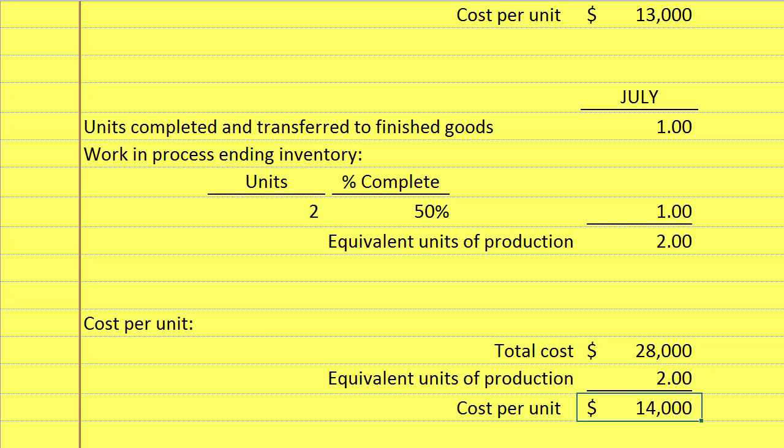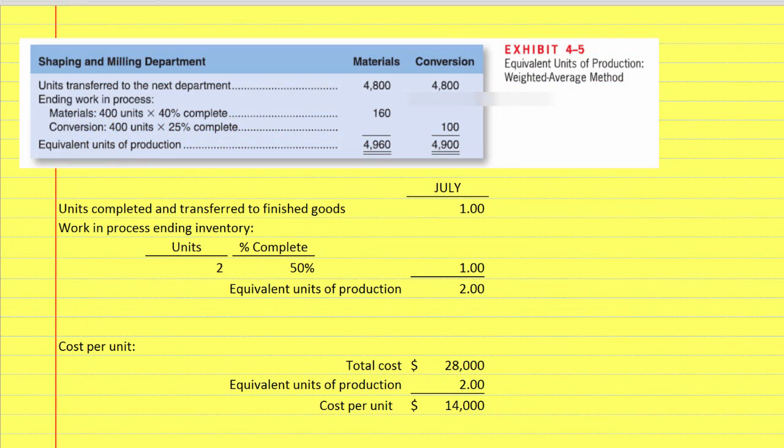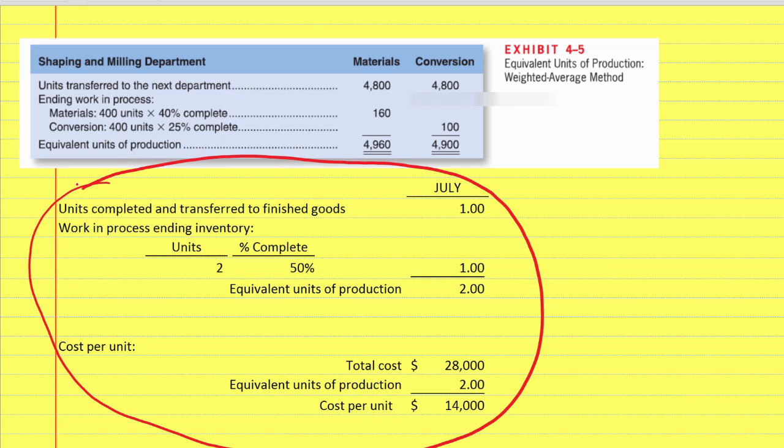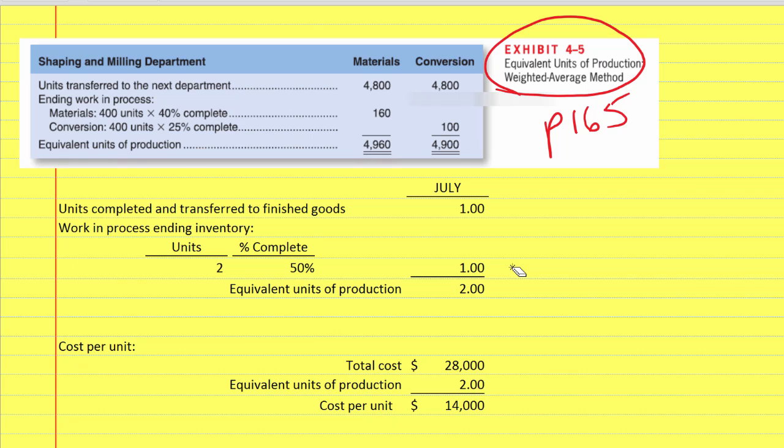Now let's take a look at the example in Chapter 4. We're going to use the same structure that we just looked at. We're going to modify it slightly, and we're going to use the information in Exhibit 4-5, which is on page 165 in your text. So let's modify our structure.